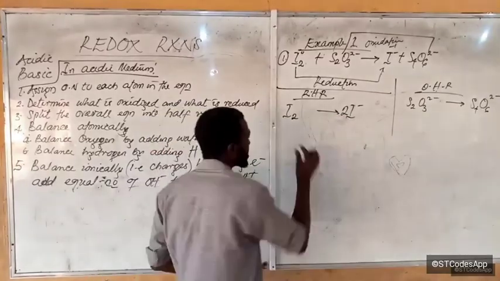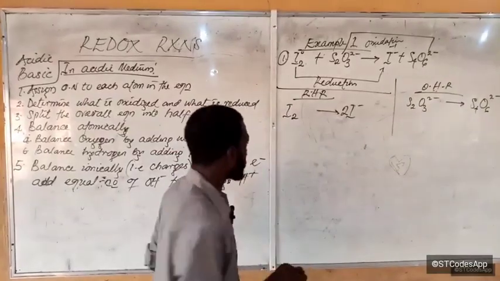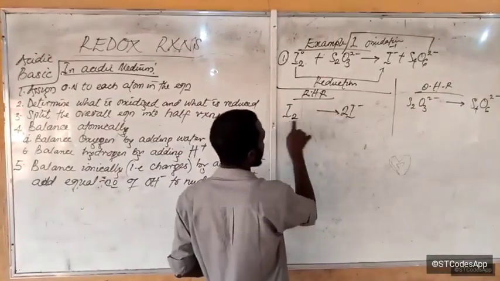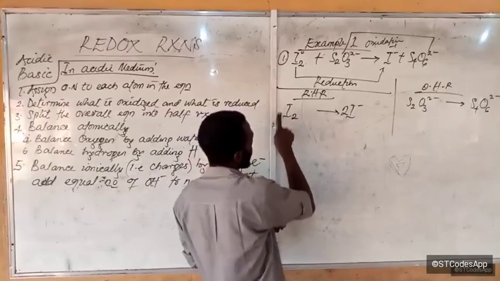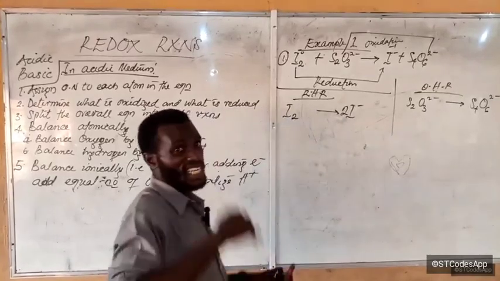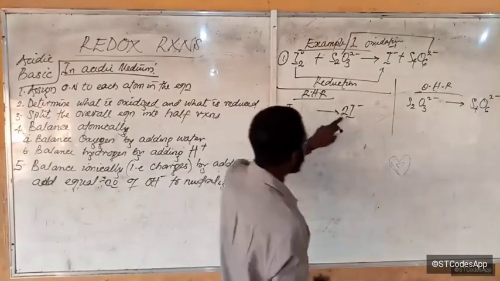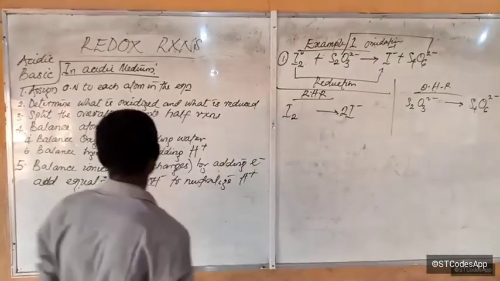I told you in that video that you cannot touch this number. You can only touch the number that is the mole here. You can only add the number here, you cannot reduce, you can only add. Is that okay? So that's why we are putting 2 here. 2 iodine here, 2 iodine here. That is atomically balanced.